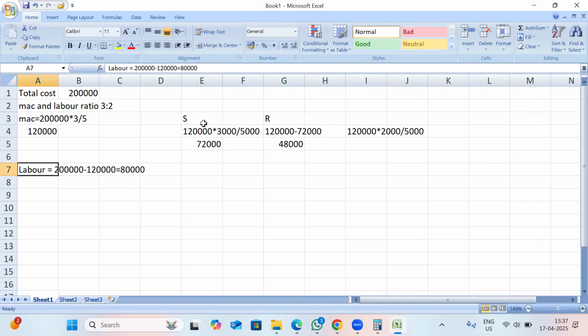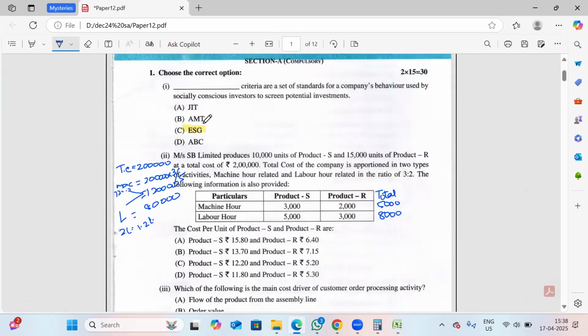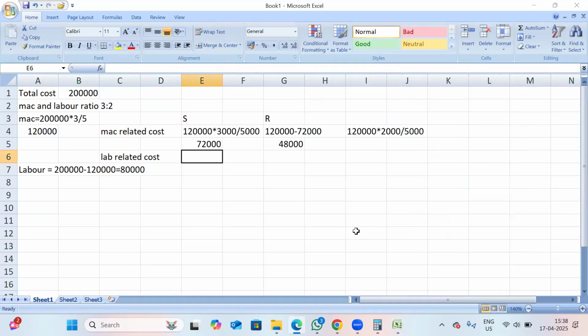Then labor related cost. We have calculated the machine related cost, so now we are going to calculate the labor related cost. The total labor related cost is 80,000, and we have 5,000 and 3,000 hours.